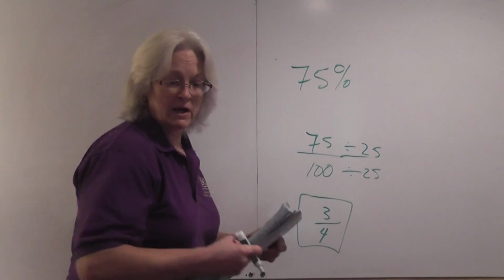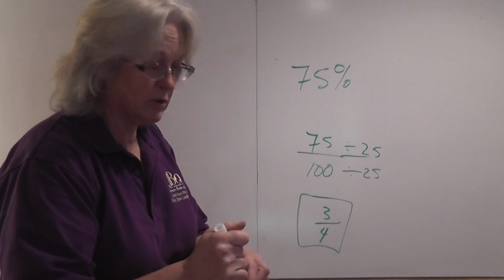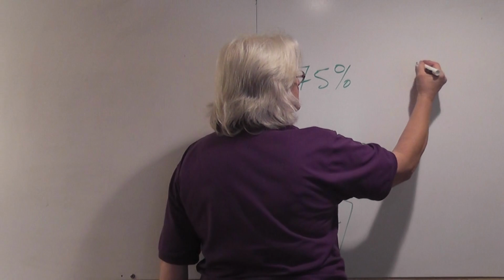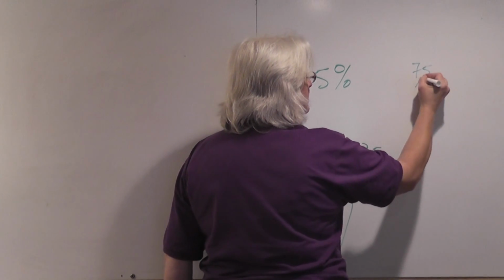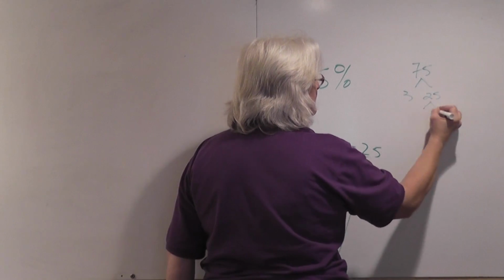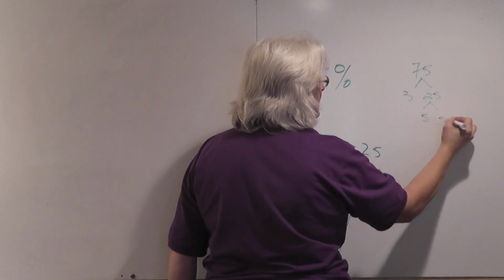Okay? Another way that you probably have considered that you can write 75 over 100 as a fraction in lowest terms, you might say, let me get a different color marker here. Might say, okay, 75 I can prime factor as 3 times 25 and 5 times 5.